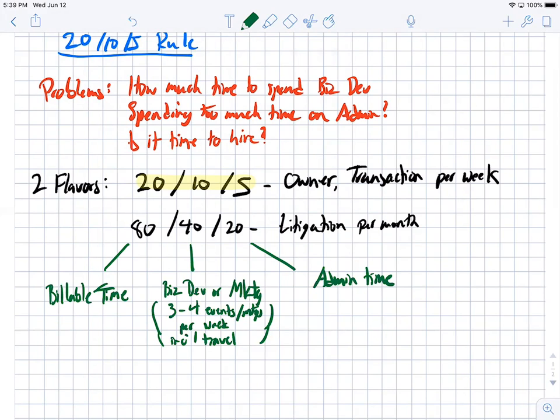People sometimes ask, well, if I'm talking to potential clients, is that billable time, biz dev or marketing, or admin? So like during a consultation. And it really doesn't matter, honestly. But if it's a paid consultation, we should throw it in billable time. If it's a free consultation, you can throw it in biz dev or marketing or billable time, however you want to do it. Just don't put it in admin time, because this is kind of a proxy for inefficiencies.